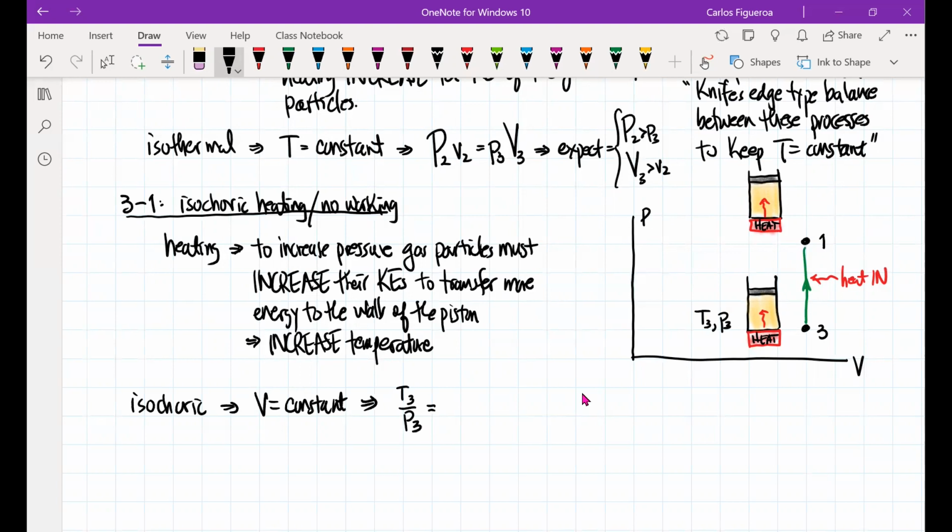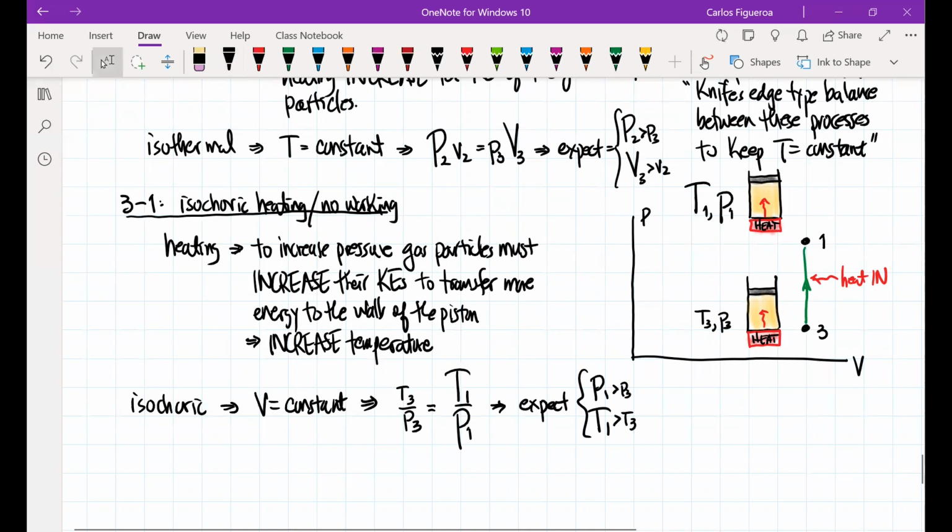But now if I increase this to 1, I have to have a higher pressure and a higher temperature. There has to be that balance. So then we expect that P1 will be greater than P3. We expect T1 to be greater than T3. And that's what we mean by our isochoric process here.